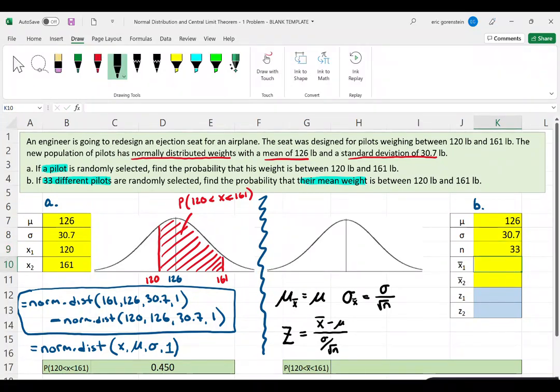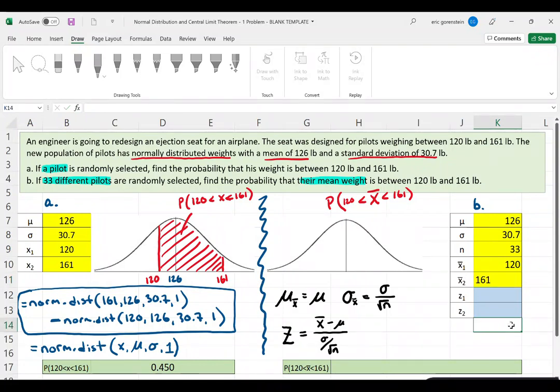And we're looking for the probability that our sample mean is between 120 and 161. Okay, so our first sample mean would be the 120. The second one would be the 161.